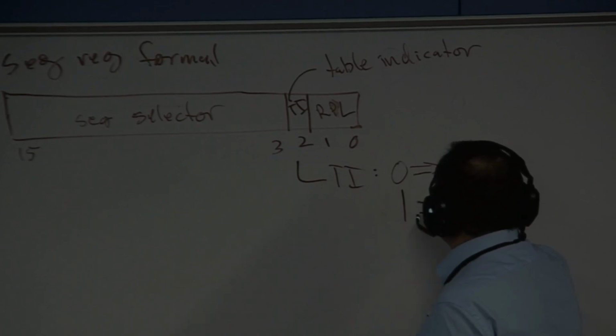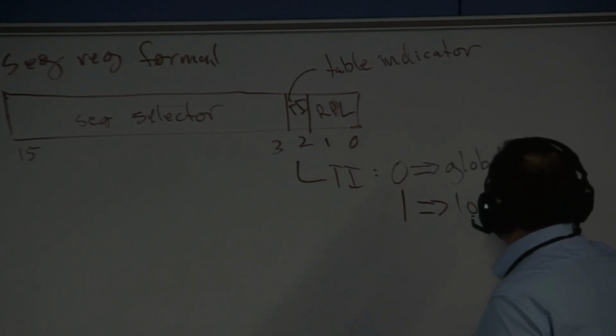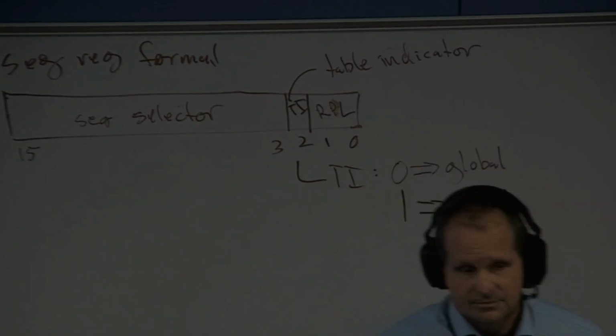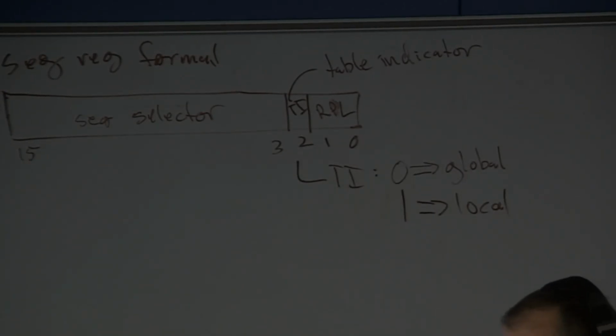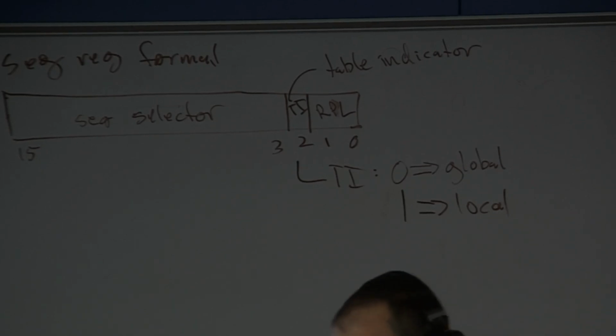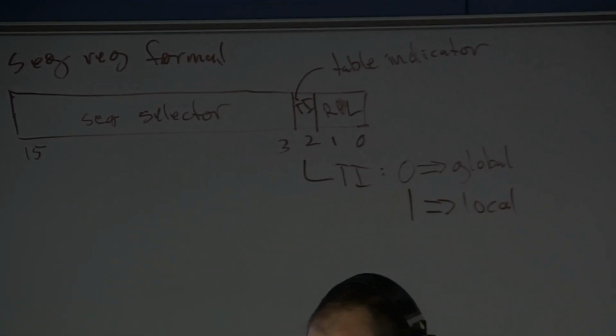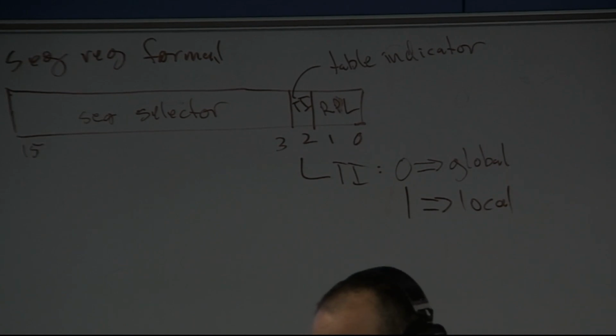If it's 1, local. What does local mean? Those that are actually being run at that time. Okay, so an access to a variable that's local to a method would be a local access, which is what the table indicator bit specifies.